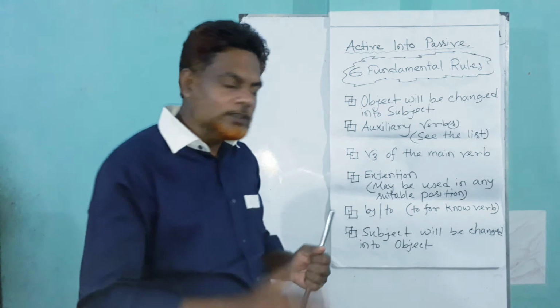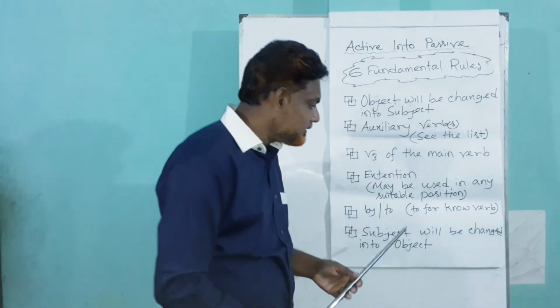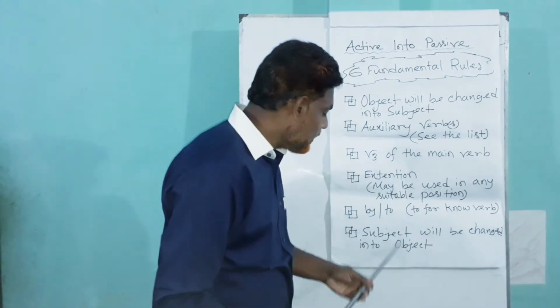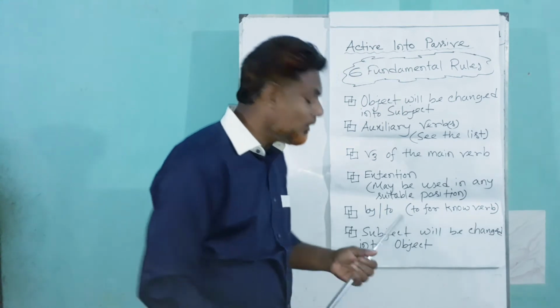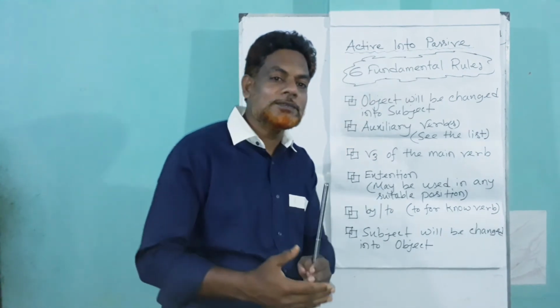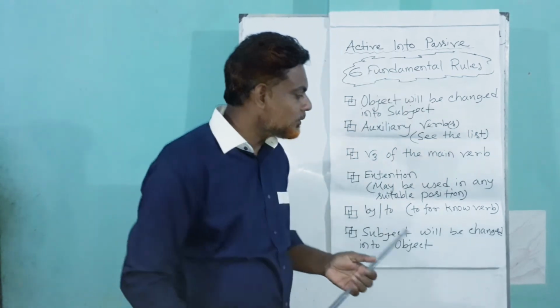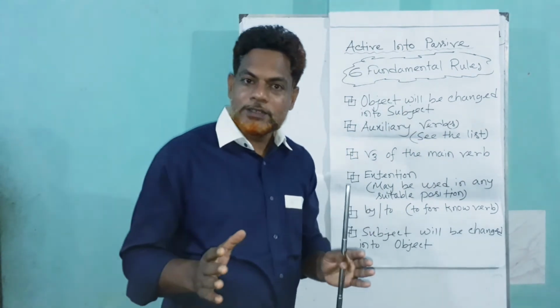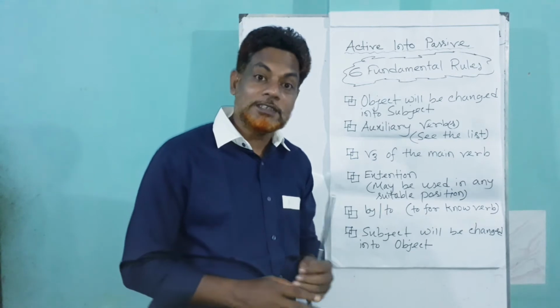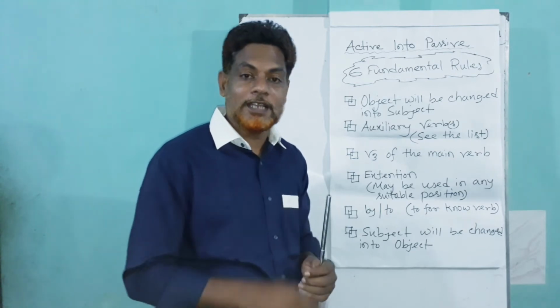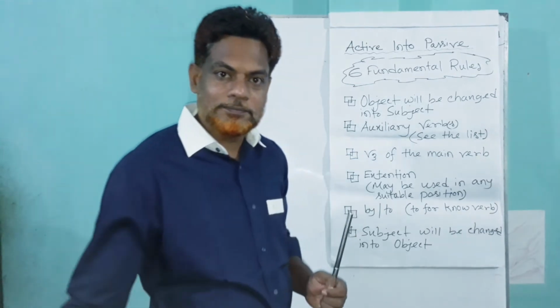And last of all, you have to write the subject changed into object. Subject will be changed into object. These 6 fundamental rules are mandatory to change the active voice into passive if the sentence of the active voice is assertive.